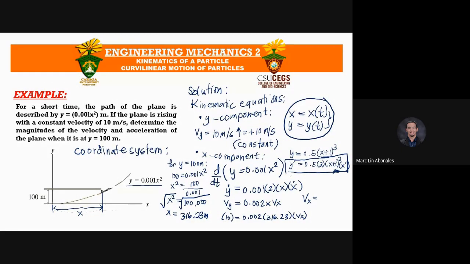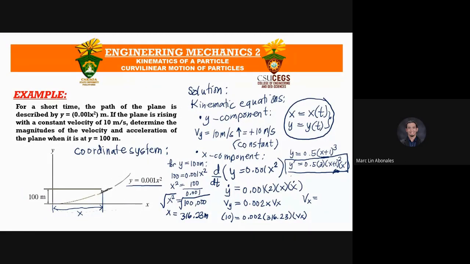We try to solve this equation. So 10 divided by 0.002 times 316.23. So what will be the answer for our Vx? 15.81.